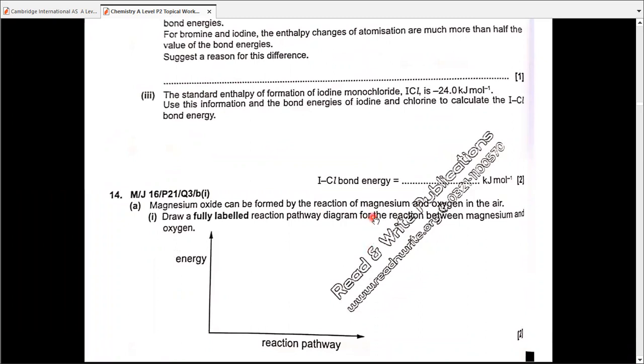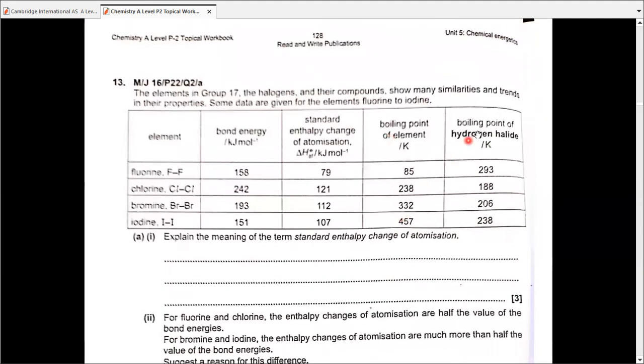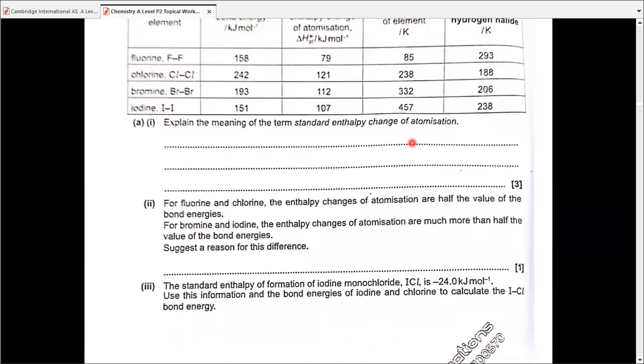Okay, let's see what we can do. In this part, we are to find the ICl bond energy. Do we have the values? Boiling point, standard enthalpy change of atomization, and bond energy values. Great, so let's try this question.